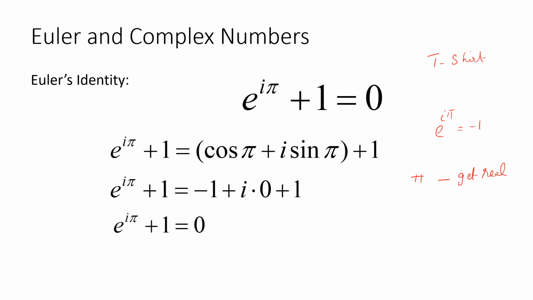It tells i, get real, because you know that i is not a real number, it is a complex number. And i tells pi, be rational, because pi is an irrational number. And that is the joke we always hear right from our school days.